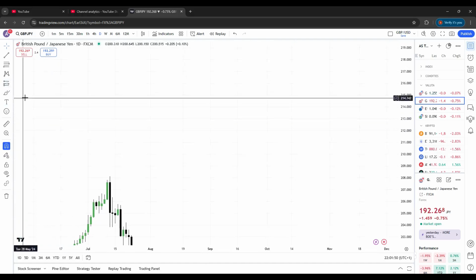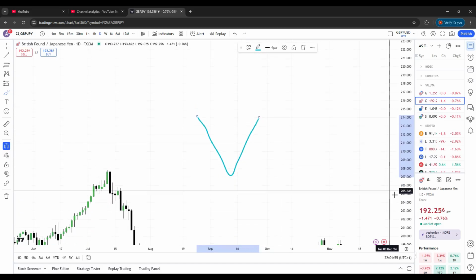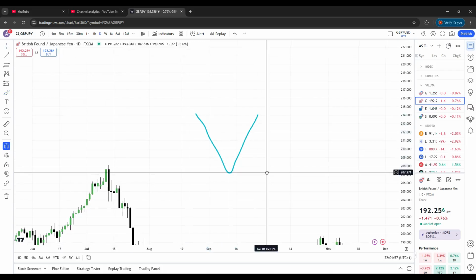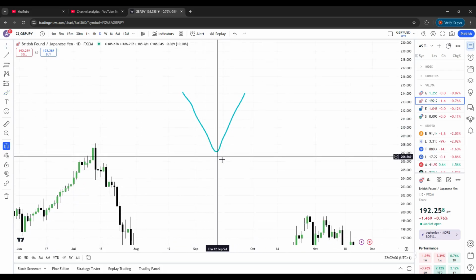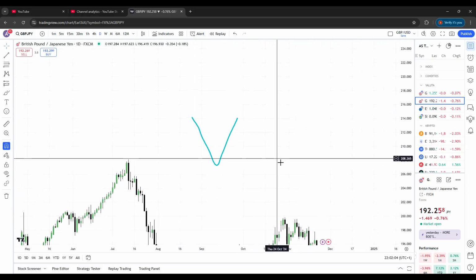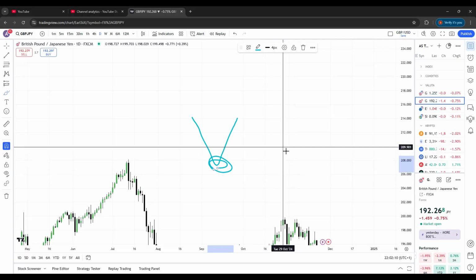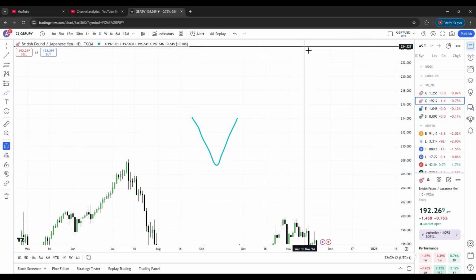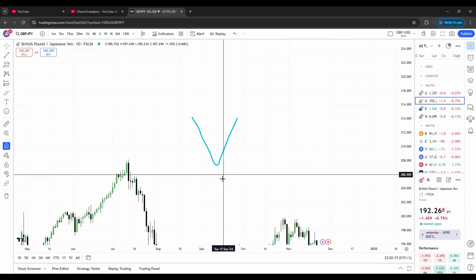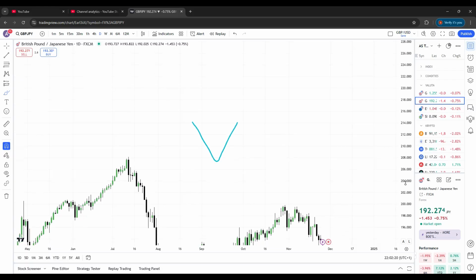And basically for us, for a liquidity sweep, right here we have a low. So liquidity lays right around this area. So we make a move down and a move up, which means orders were able to be filled right here in that area underneath those lows. So a lot of orders were able to be filled in that area, and basically what the market makers want to do is seek out that area again.